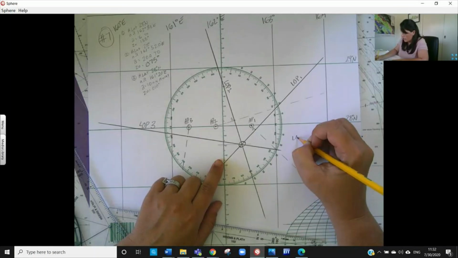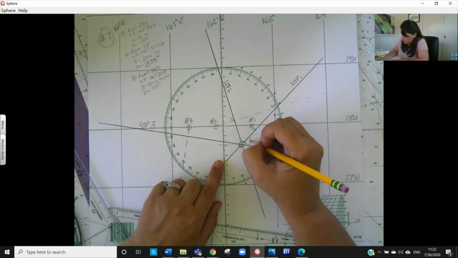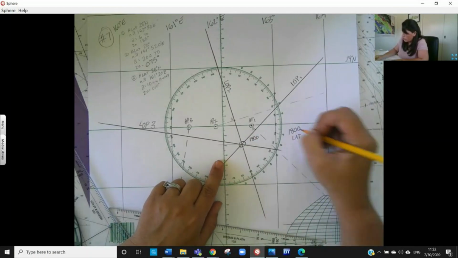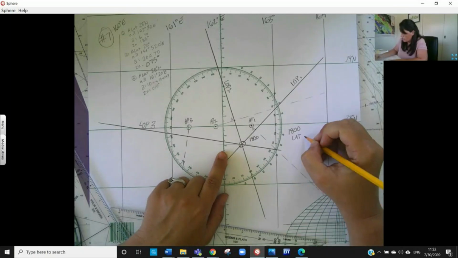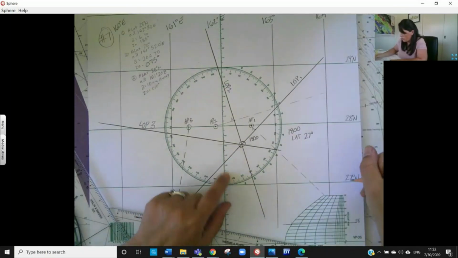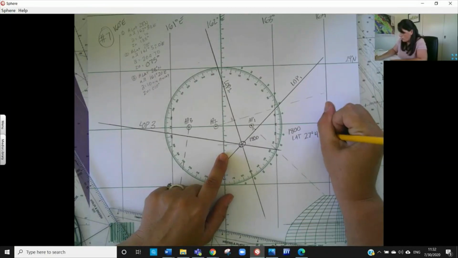I do have a time. This is 1800. Okay, so my 1800 position is latitude 27 degrees, 41 minutes north.